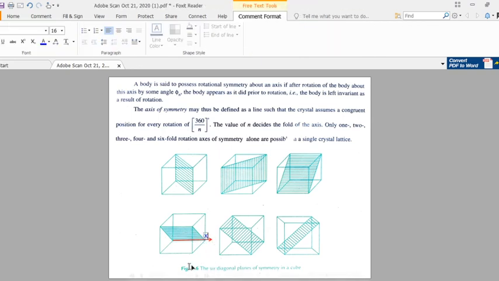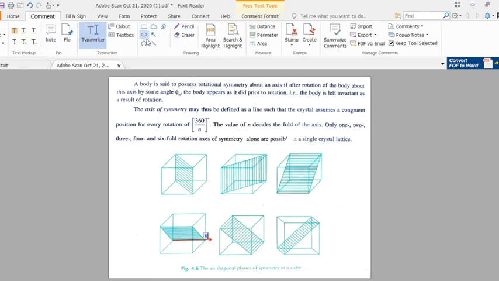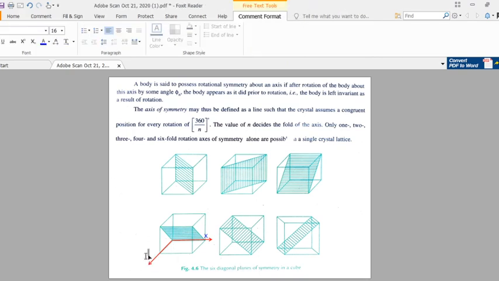Let us say this is x, the other one is y, and the last one is z.